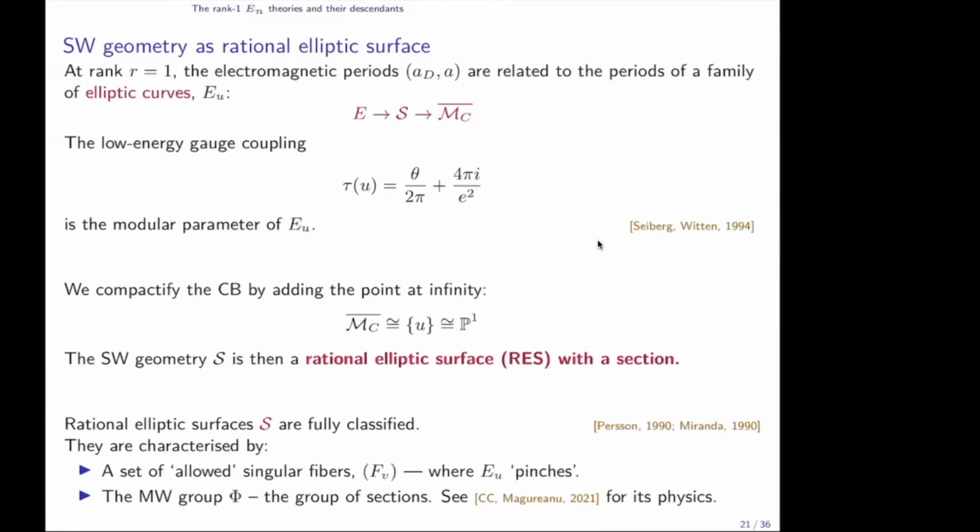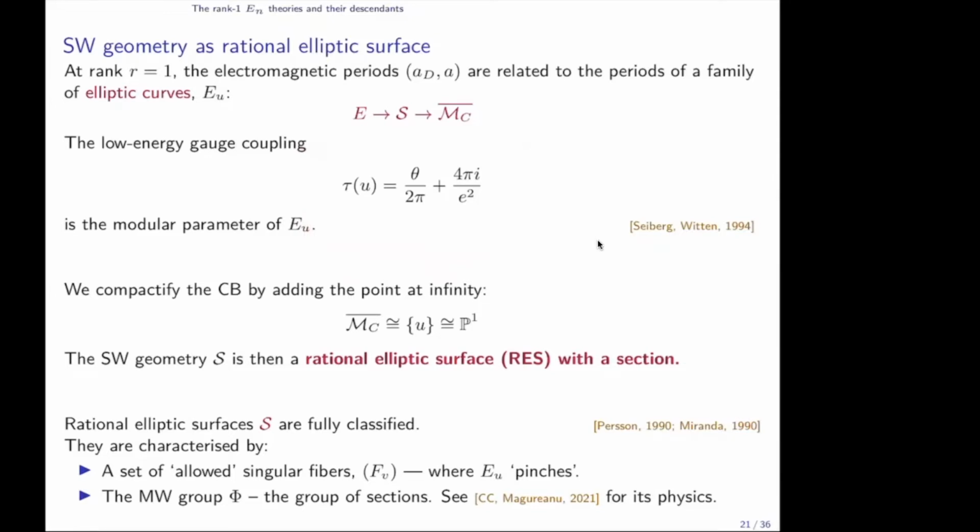At rank 1, then, the electromagnetic periods, a_D and a, are related to the periods of the family of elliptic curves, right? Those are tori with their complex structure. And the complex structure of the elliptic curve is then, by the famous Seiberg-Witten insight, precisely the electromagnetic coupling, the effective gauge coupling at low energy.